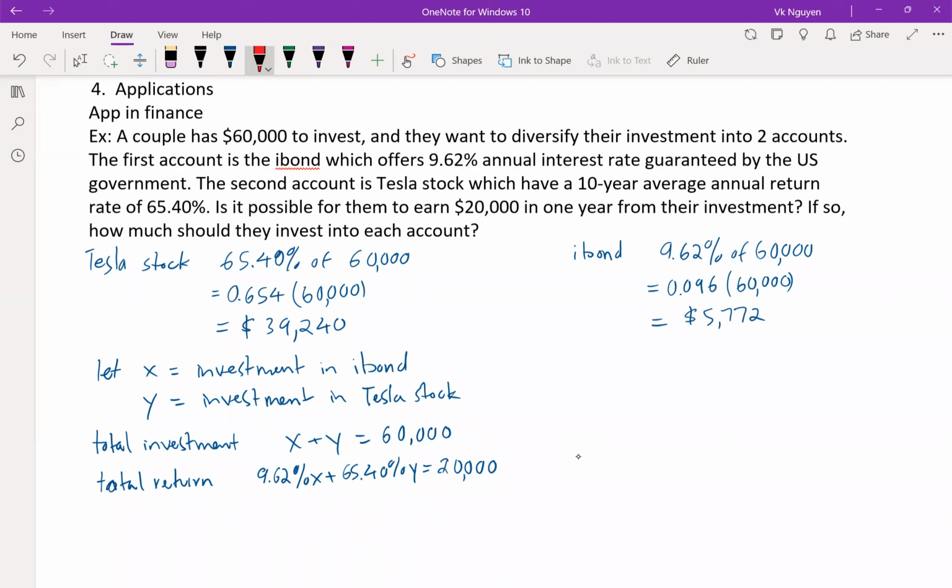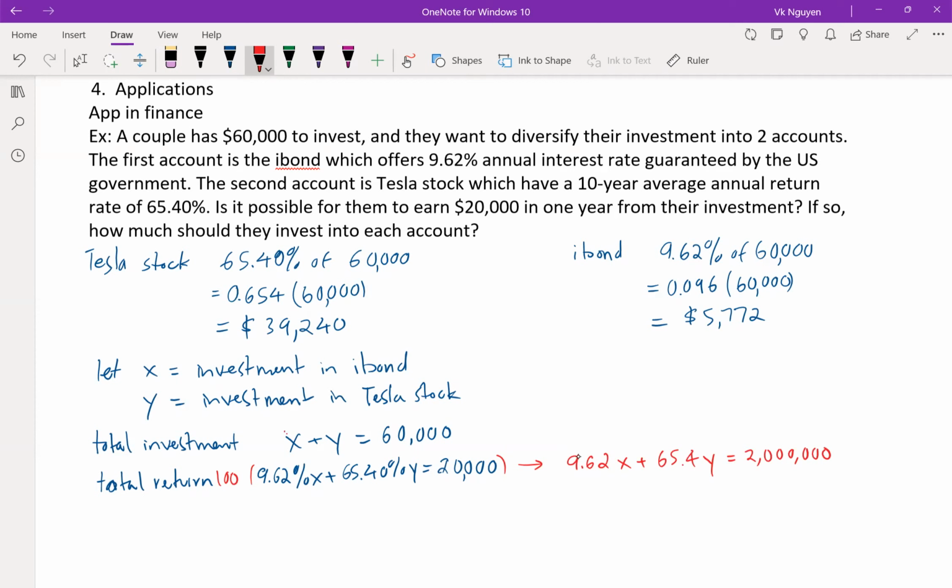I'm going to multiply the second equation by 100 to get rid of the percentage. If we do that, we're going to get 9.62 X plus 65.4 Y equals 2 million. Now we want to get rid of X, right?